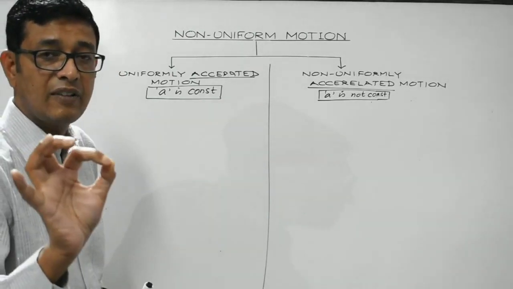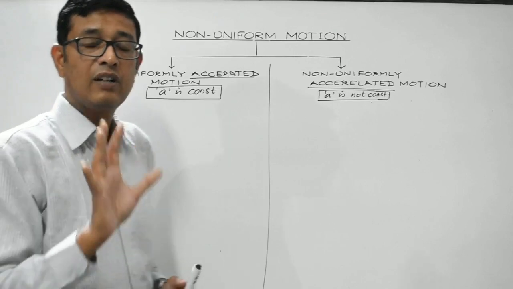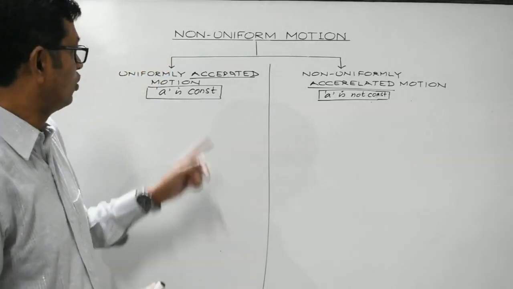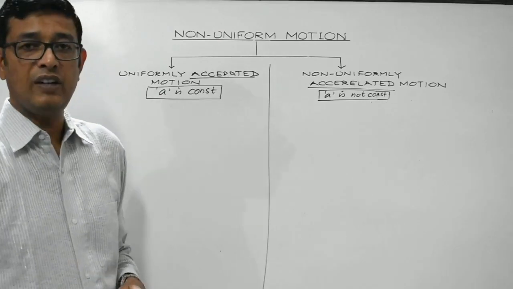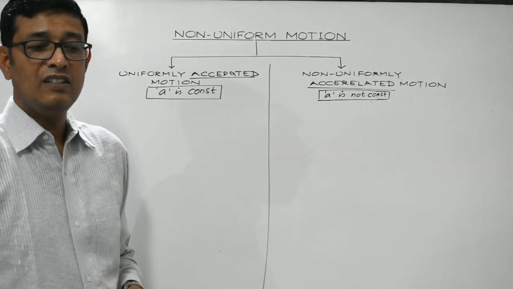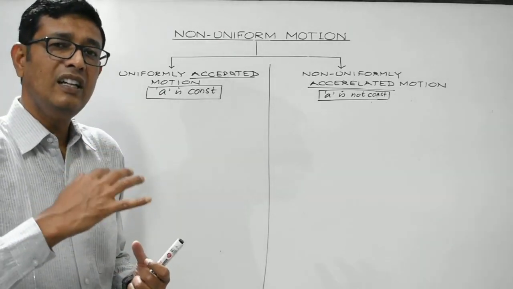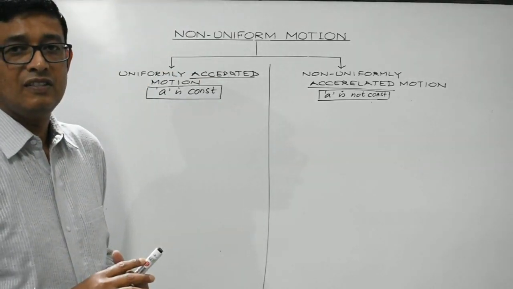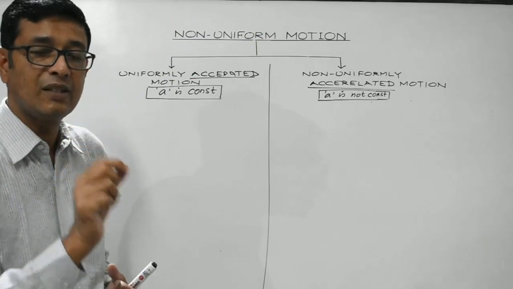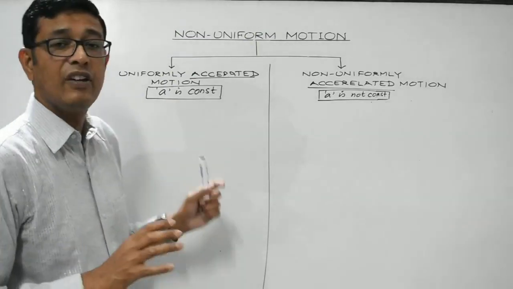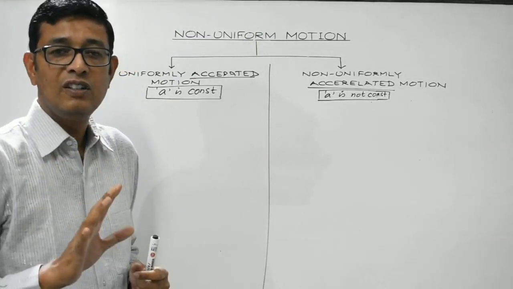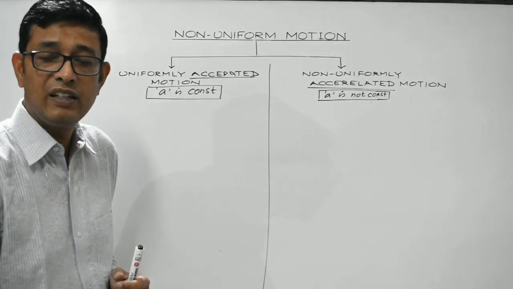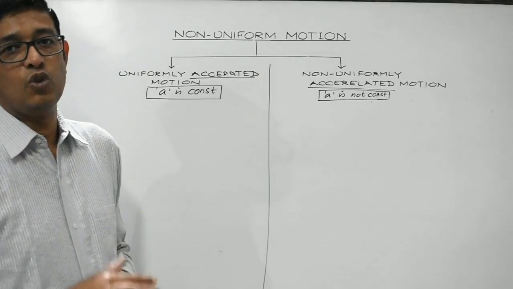When A is having constant positive value and when A is having constant negative value. If A is having constant positive value, then the speed of the body increases at a constant rate. That is known as uniformly accelerated motion. And if A is having constant negative value, then the body is said to have uniformly decelerated motion.